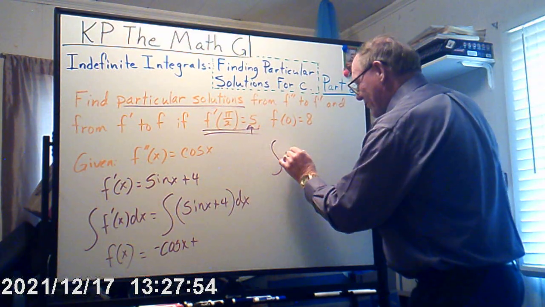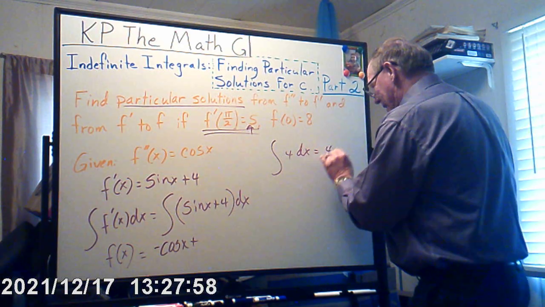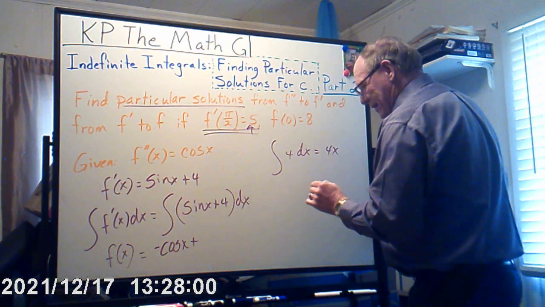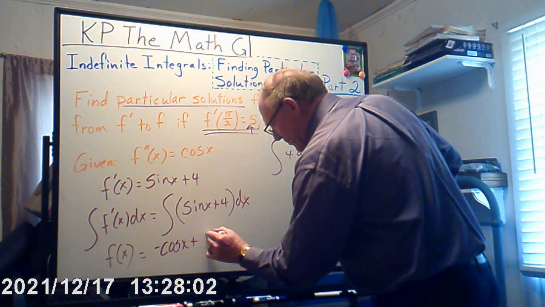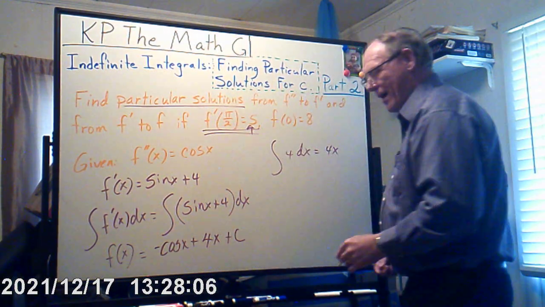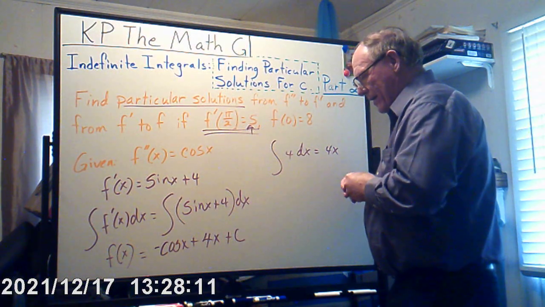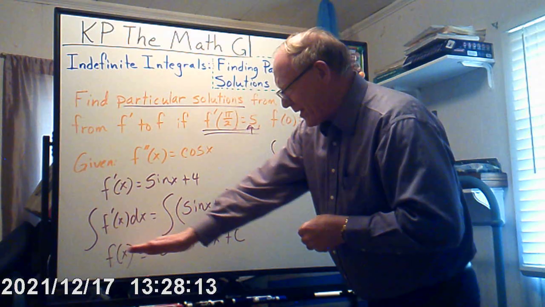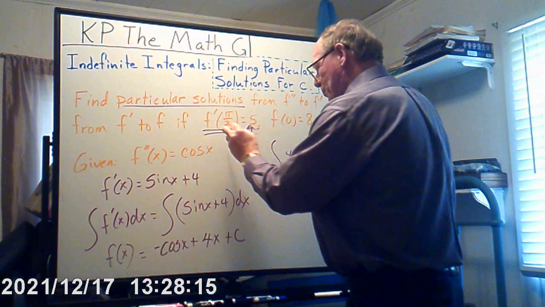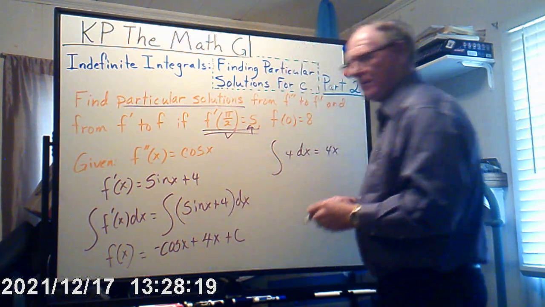So if you have 4 dx, that's just equal to 4x. Plus c. So we're going to add 4x plus c to that now. Now that we have this, we're done with this one. We've used this one to find this 4 right here, didn't we?